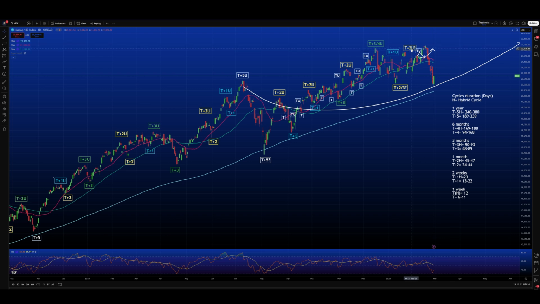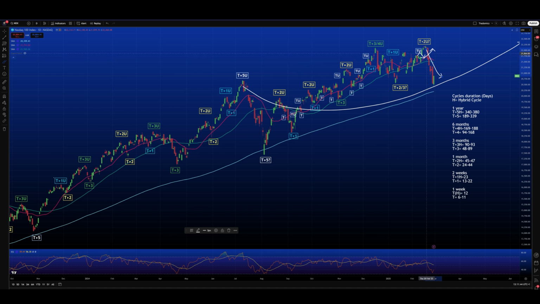So now we can see that this T plus 2 upward cycle was not developed on the top of the 24th of January, but it was developed on the top here on the 20th of February 2025, because from this top, we then had the beginning of a new upward cycle. And the beginning of the upward cycle always commences with a downtrend that is longer.